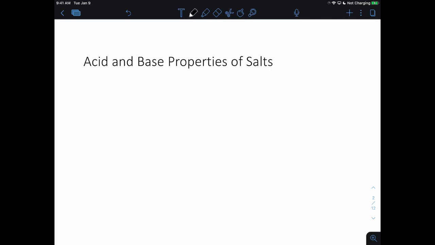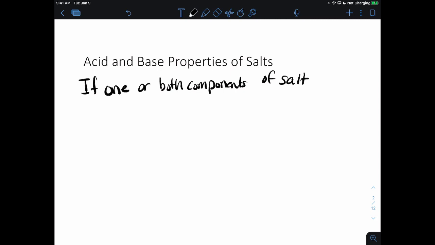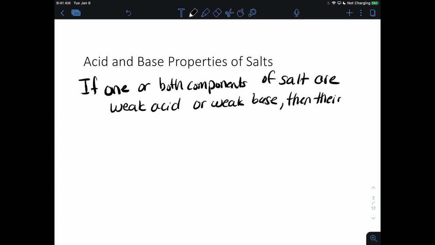So the key here in terms of when a salt will have an effect, that idea is if one or both components of the salt, and when I say components, I mean the cation or the anion, end up being a weak acid or a weak base, then their presence will affect the pH.